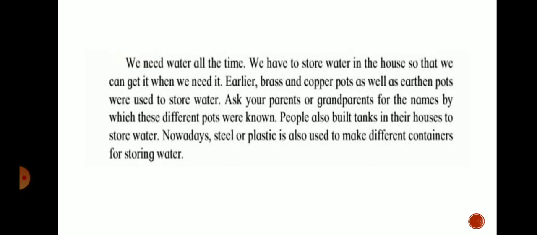Children, now there is a lot of time with you to discuss with your parents and grandparents about their times, what they have seen at that time and what has changed at present. You can ask your parents or grandparents for the names, what different shapes of pots were there, and what metal was used to prepare all those things. So discuss with them.